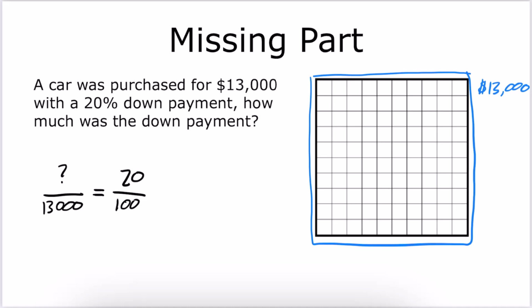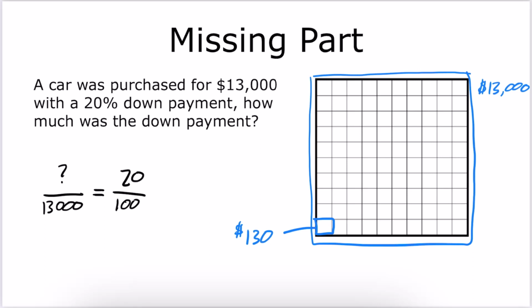So we have $13,000 that represents the entire 100 grid. What that means is that if we take the 13,000 and divide it by 100, each one of these little squares is $130.